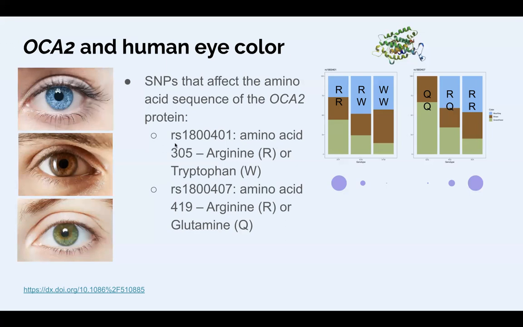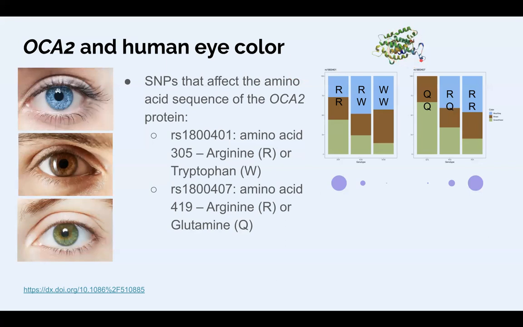So this RS notation down here, this is the SNP code. These are unique codes. You can look these up in a database and learn about these SNPs. And these are two that are in the coding region of the OCA2 gene. So they are contained in the DNA that becomes part of the RNA, which is the code for the OCA2 protein. And that's a little OCA2 protein shown up here.